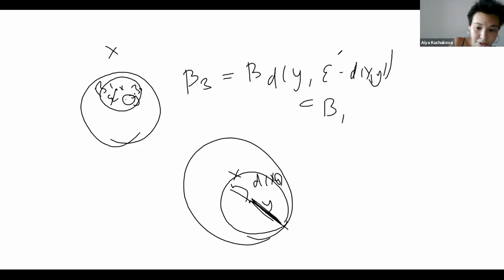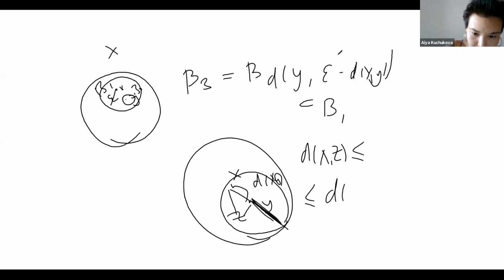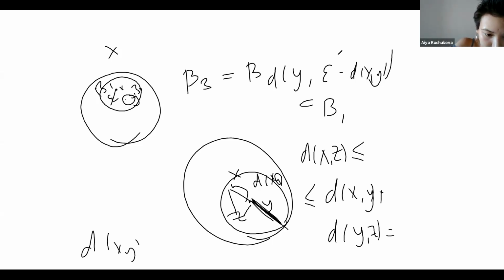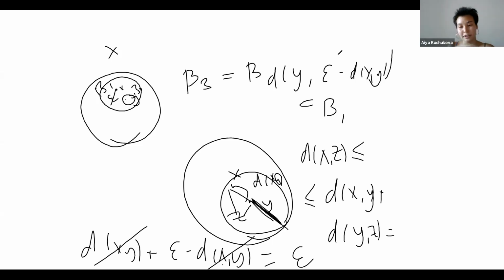Okay, and so why is that true? Because of course for any point z inside, what happens is d(x,z) is less than or equal to d(x,y) plus d(y,z), and this would be less than d(x,y) plus epsilon minus d(x,y), of course it cancels, and you get epsilon.